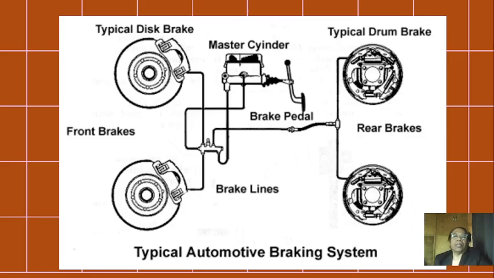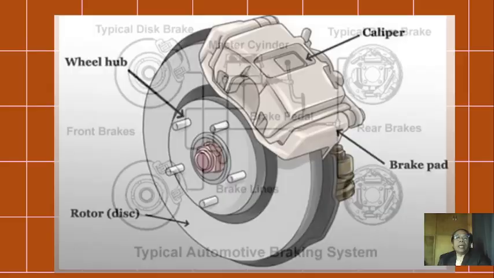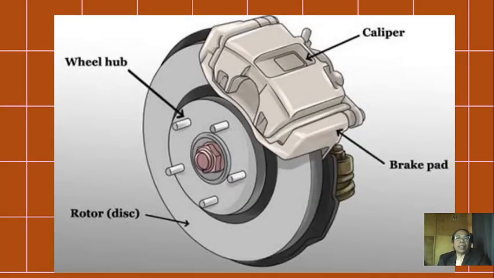Okay, so these are the typical automated braking system. You have the front brakes, the typical disc brake, and then the typical drum brake, and then the rear brakes. There you are. Next. That's how it looks.